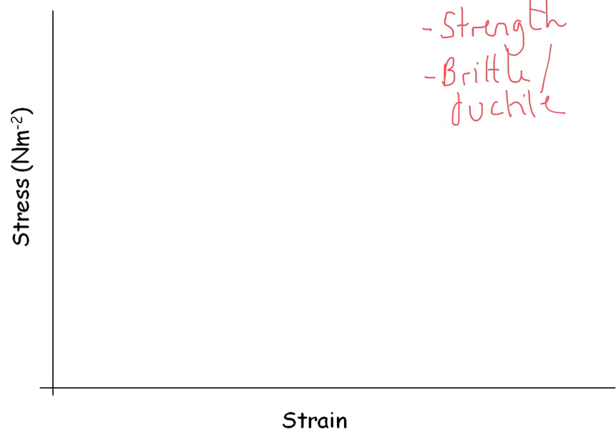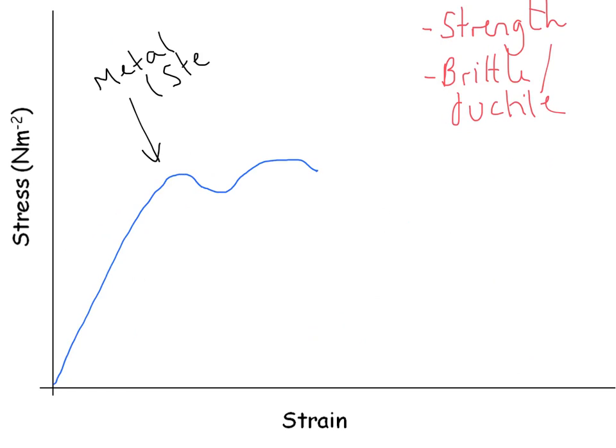So let's have a quick sketch of something we've seen already. We've already seen a graph that goes something like this. That is a typical graph of a metal, but more specifically one used in construction, because this is quite a strong one. So I'm going to say this one is steel.